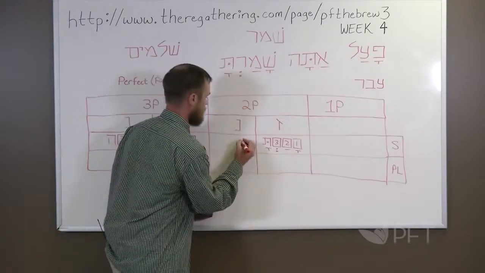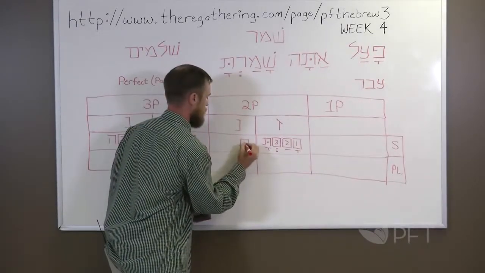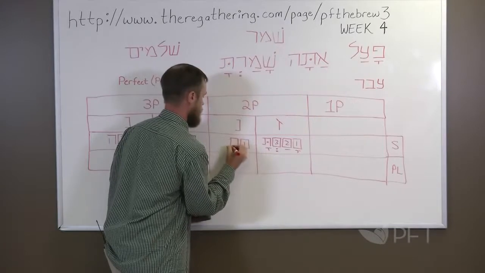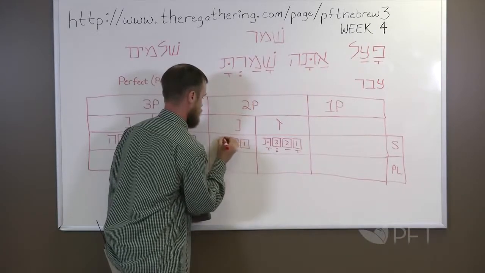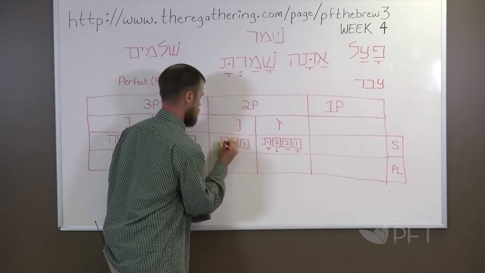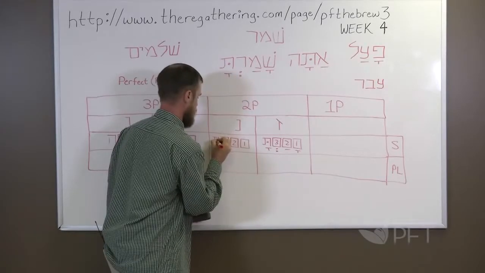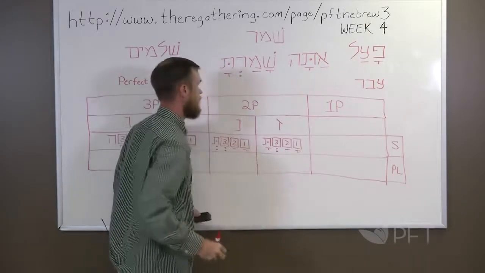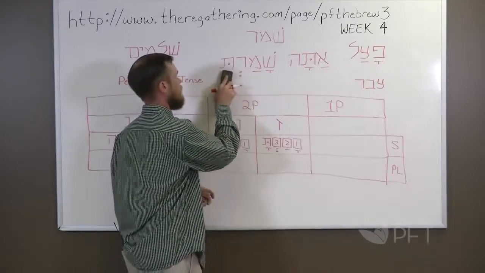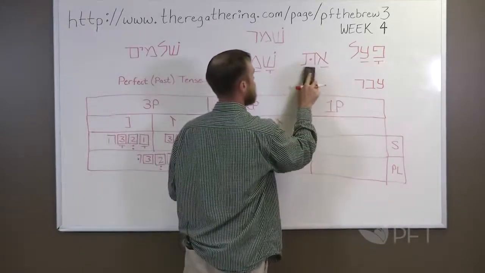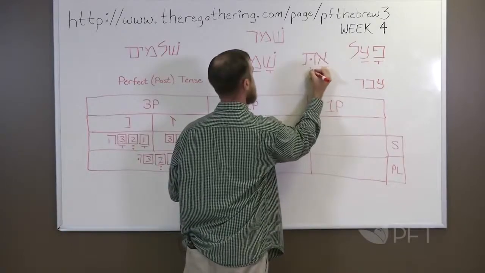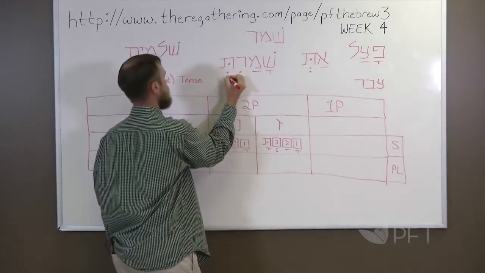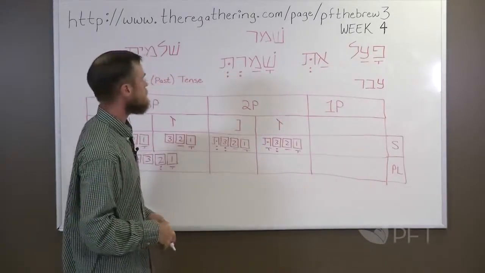All right, the feminine is spelled the same, but with a vowel change. The kamatz at the end changes to a shva. So at shamart.